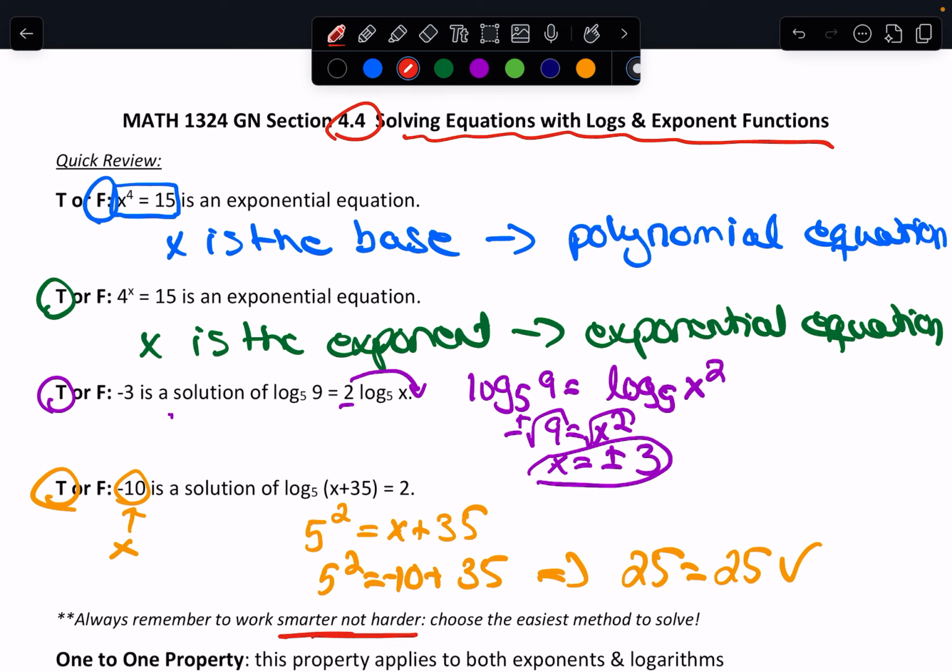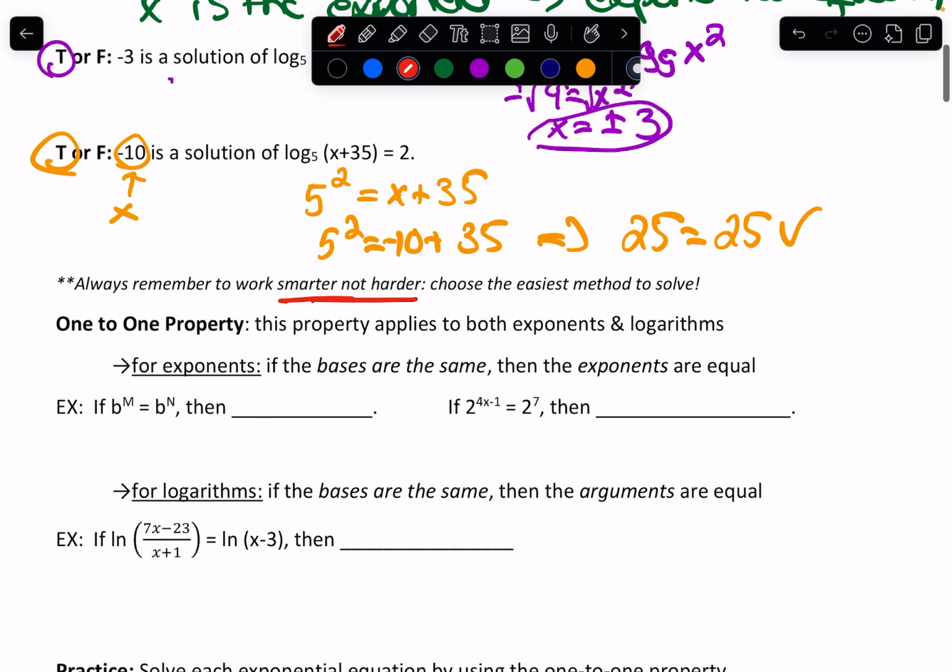Okay, we're going to look at the one-to-one property. This property applies to both exponents and logs. For exponents, if the bases are the same, then the exponents are equal.